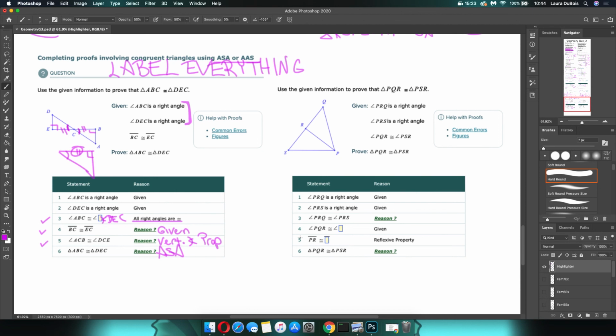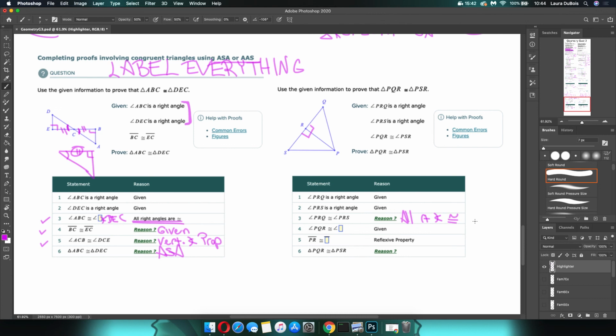All right, next up, right angle, right angle. So PRQ, PRQ, there are my right angles. So why do we know that? Well, we were already told all right angles are congruent. And you're starting to see Ms. Dubois starting to shorthand here.